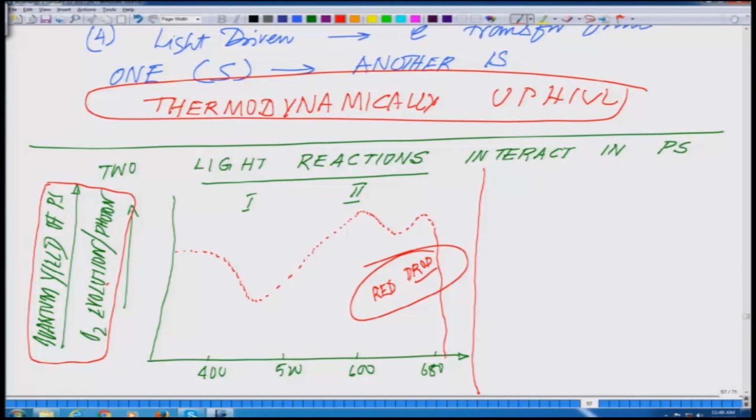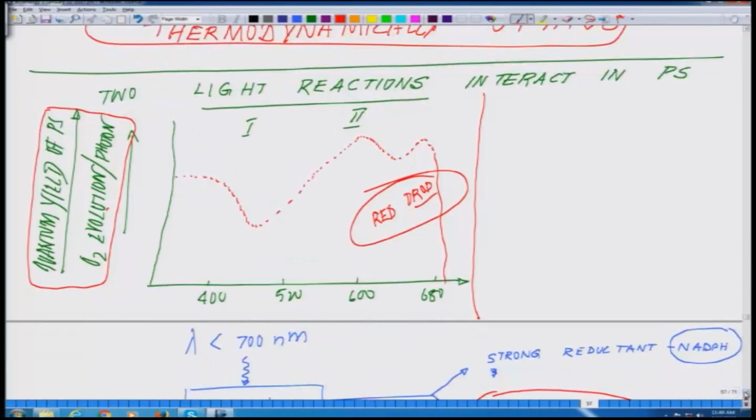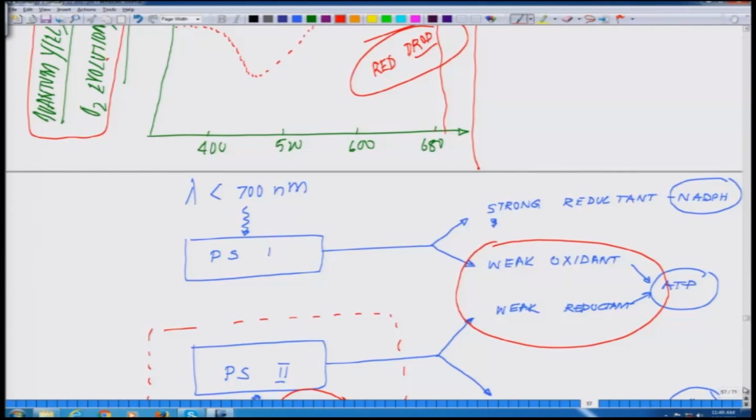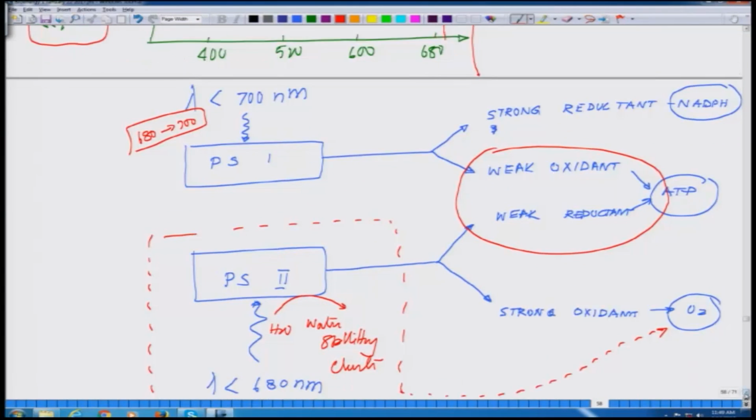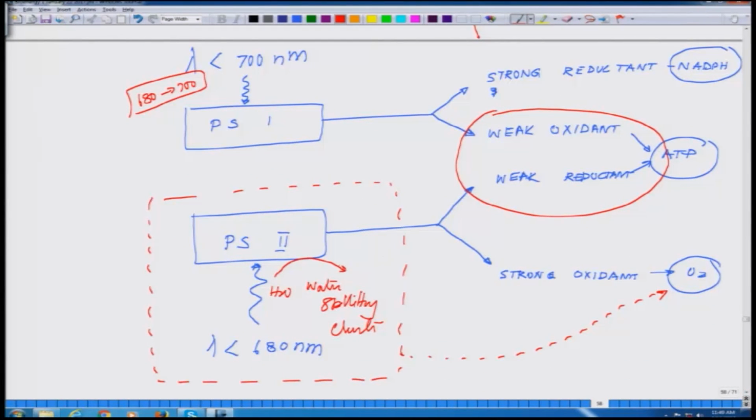Yet, the photosystem absorbs light. Why is it absorbing light? Coming back to this picture, because between 680 and 700, photosystem 1 is functional. So, you see a red drop out here because of this.